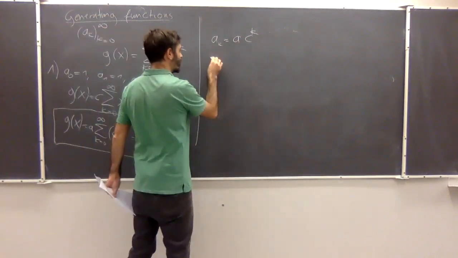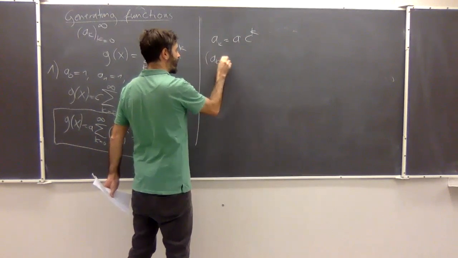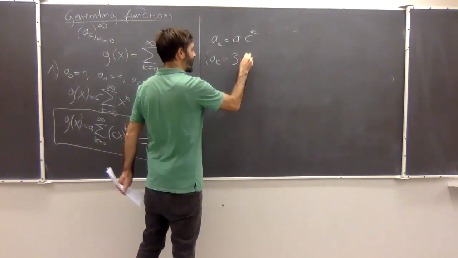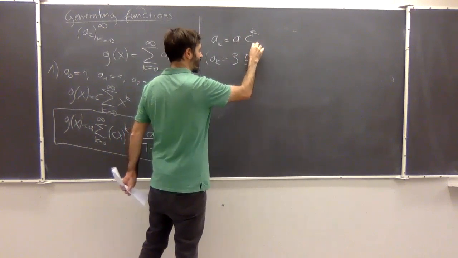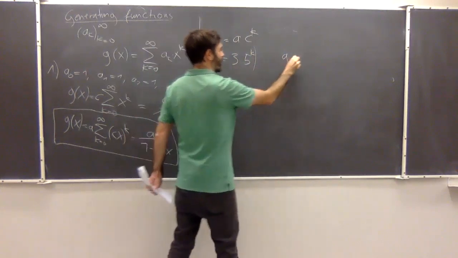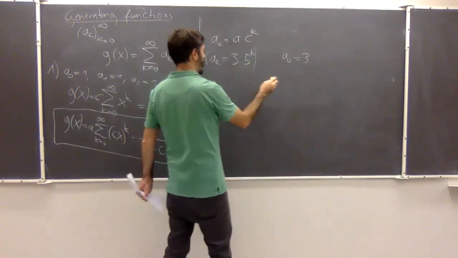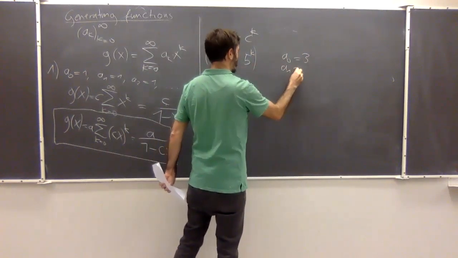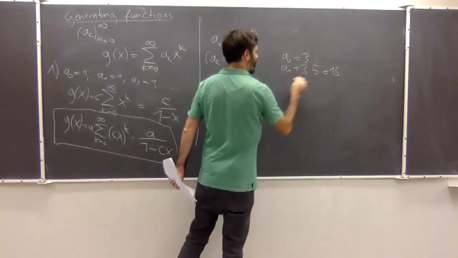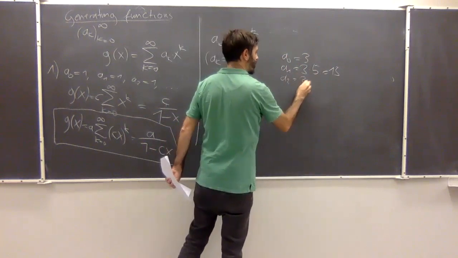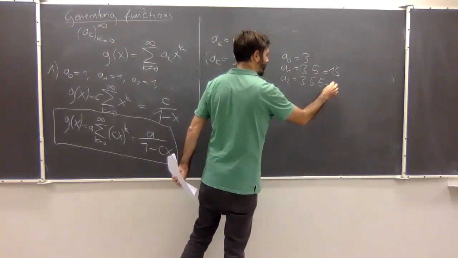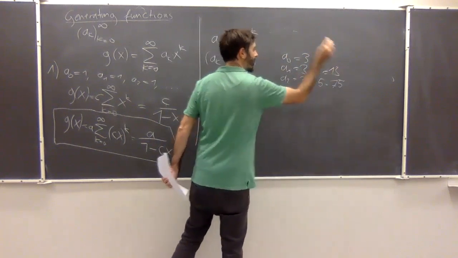Plugging in some values, for example, if my sequence is a_k equal to 3 times 5 to the power k, so a0 is 3, a1 is equal to 3 times 5, or 15, and a2 is equal to 3 times 5 times 5, or 75.